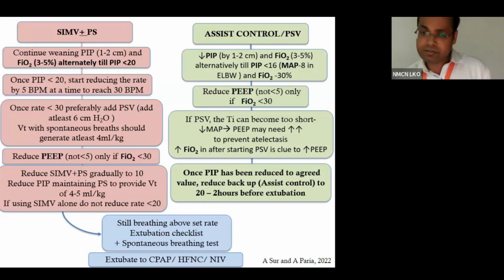If the child is on standalone pressure support ventilation, there might be an increase in work of breathing. In that scenario, we need to increase the FiO2, because the PIP can be too short and it can lead to atelectasis. Once the PIP has been reduced to the agreed settings and the backup rates are reduced, we can extubate the child.